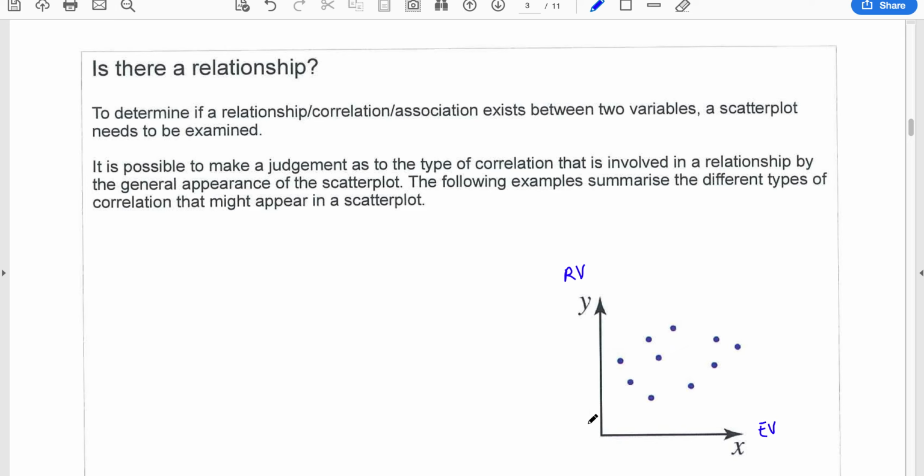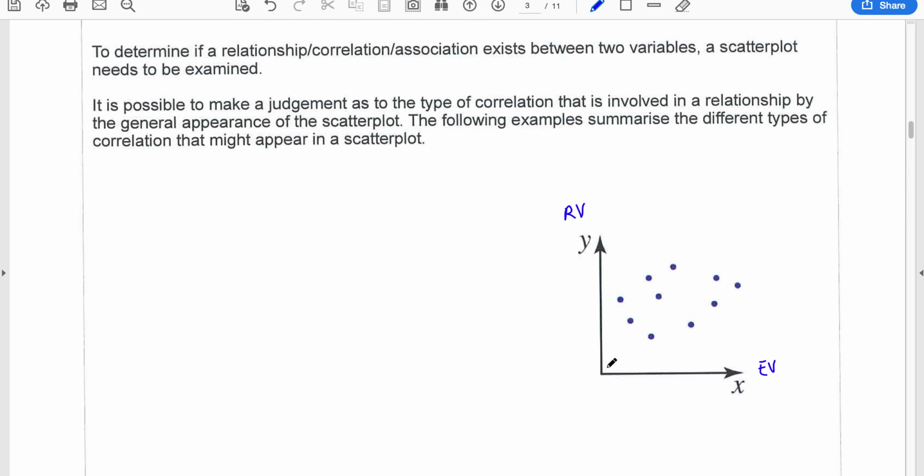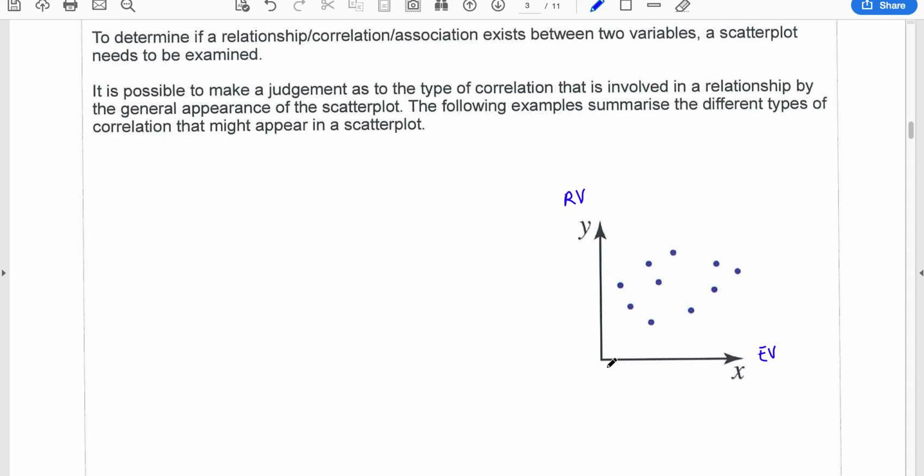Now what I want you to consider is, once you have your scatter plot, we're going to be having a look at the dots, or these little crosses perhaps, if you've used little crosses. Now it is possible to make a judgment just by looking at your scatter plot, the general appearance, as to whether you have a correlation or a relationship, or whether you don't, because sometimes you don't actually have a correlation between two variables.